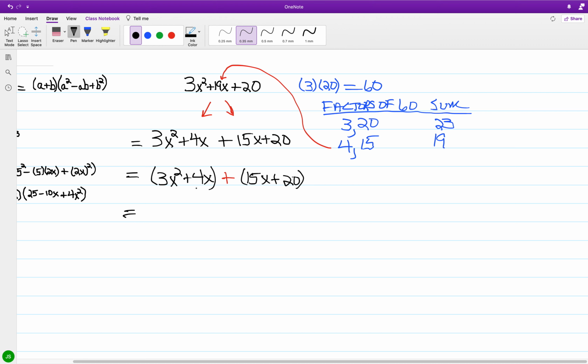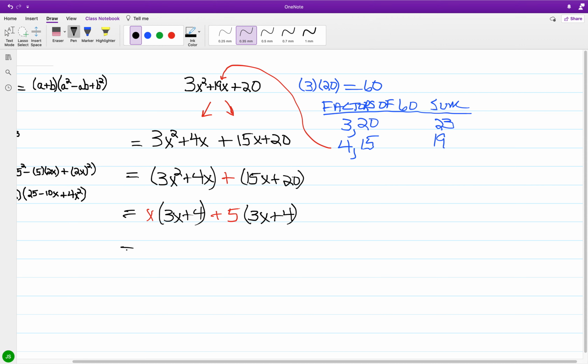Between the first two terms, the greatest common factor is x, so this becomes x times 3x plus 4. For 15x plus 20, the greatest common factor is 5, and this also ends up at 3x plus 4.